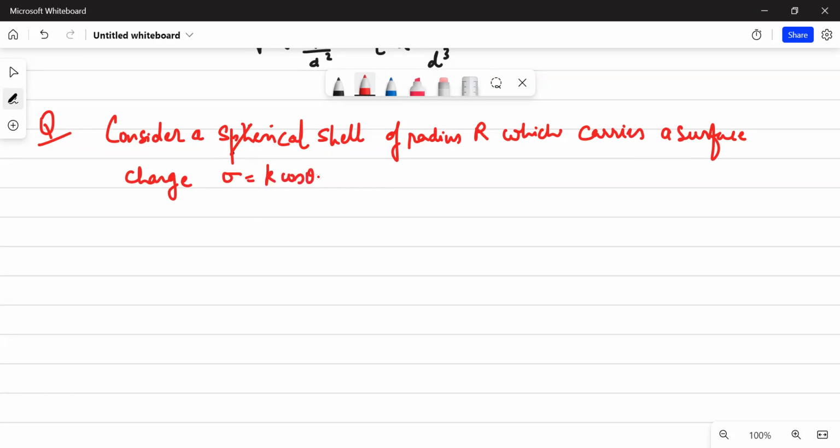So if it carries surface charge density sigma is equal to k cos theta, one needs to find what will be the dipole moment. The first thing is that one needs to find the dipole moment due to this charge distribution. And second, one needs to find what would be an approximate potential at faraway points from the center. Approximate potential. So this is what we need to find.